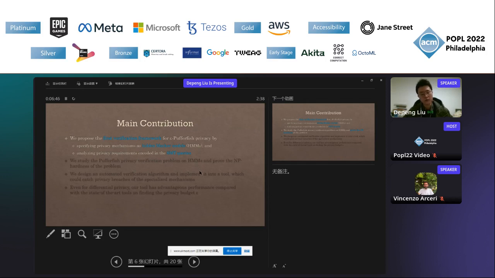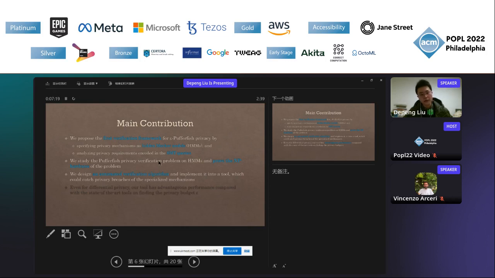Next, I will introduce the main contributions of my work. We propose the first verification framework for epsilon Pufferfish privacy by specifying privacy mechanisms as hidden Markov models and analyzing privacy requirements encoded in the SMT queries. We studied the Pufferfish privacy verification problem on HMMs and prove the NP-hardness of the problem.